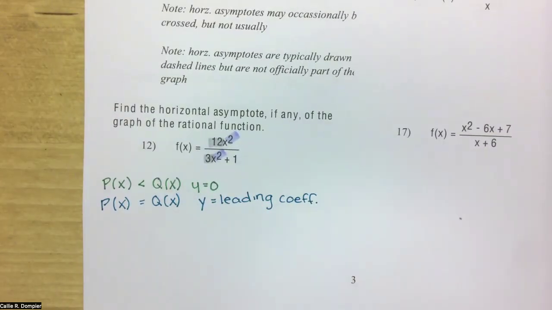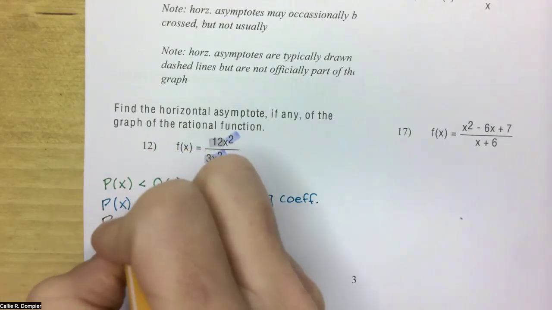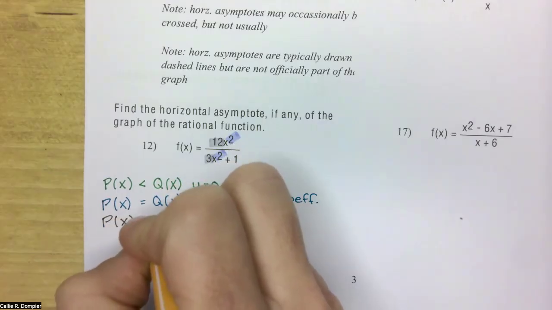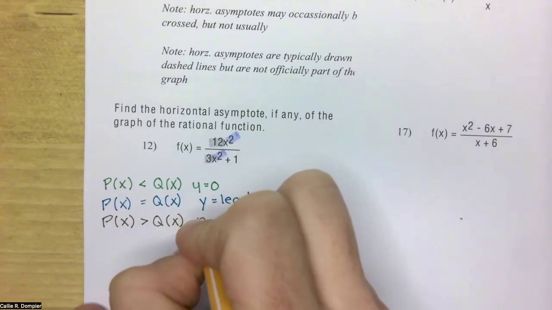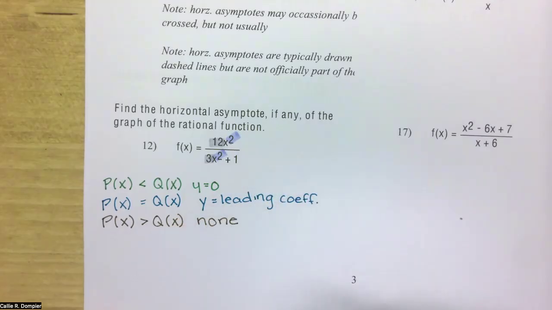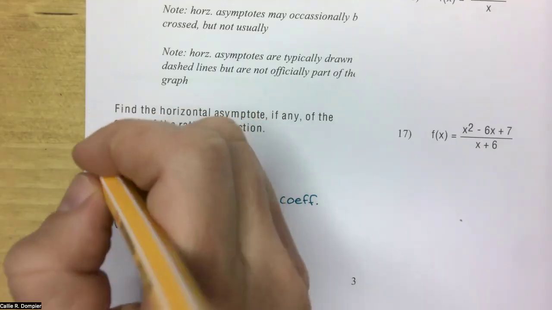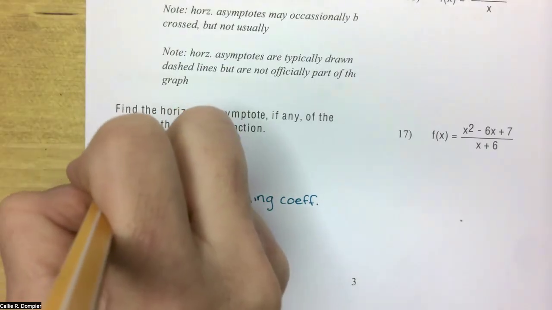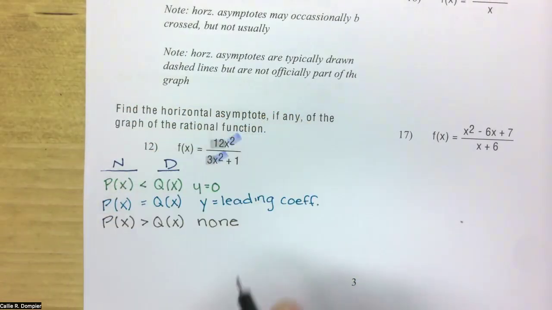And if the degree of the numerator is greater than the denominator, we say there is none. So that's the rule. And you can say p of x, or you can just say numerator. q of x is always the denominator.